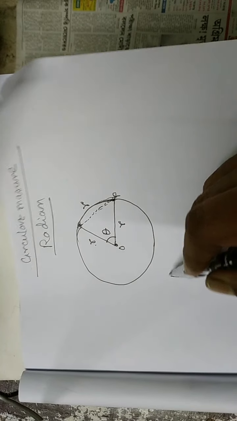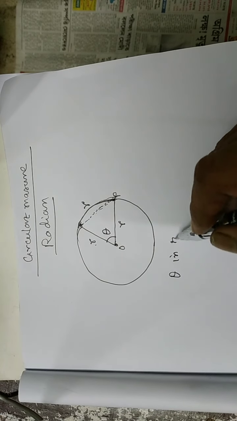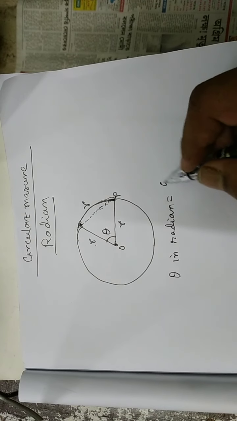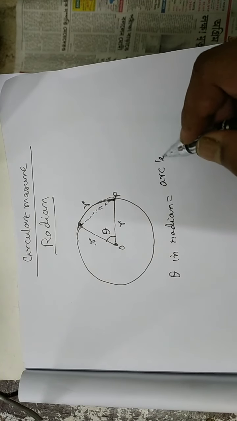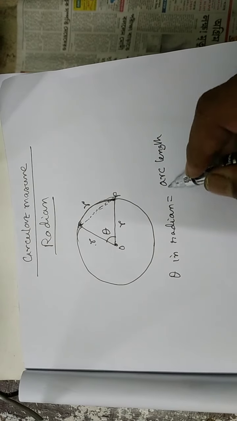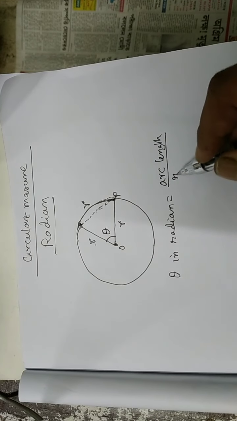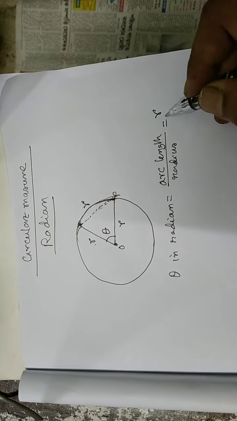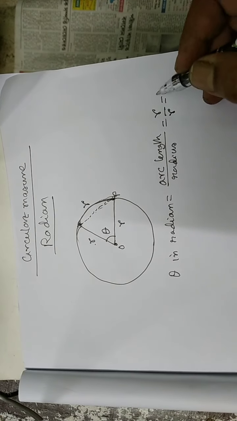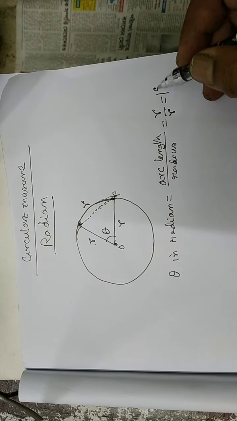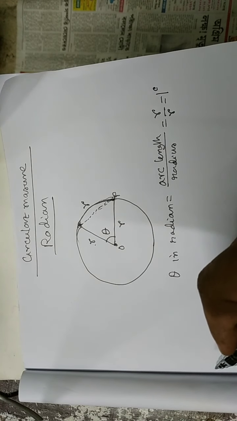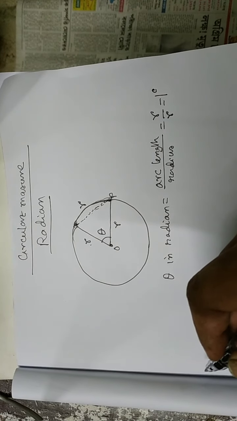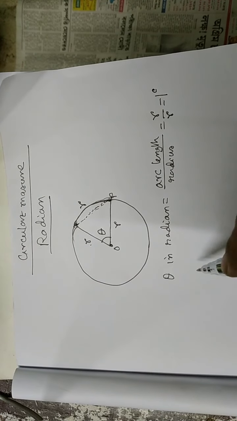So theta in radian equal to arc length by radius. Now when arc length is r, radius also r, then it is 1 radian. Radian is denoted by c, circular measure. So radian can be written as 1 c.